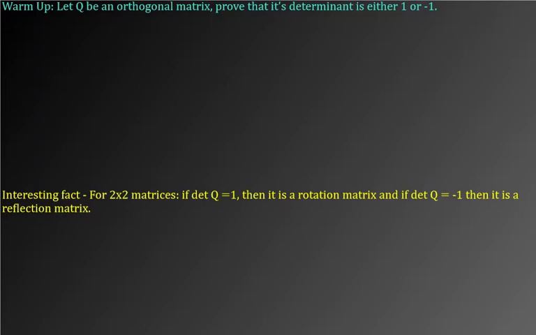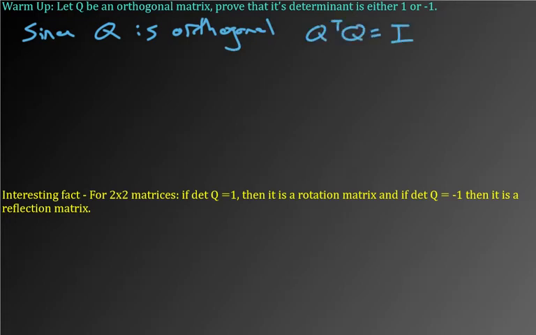So to do this, all we have right now is just Q is orthogonal, and we're going to prove this. Our normal go-to for Q being orthogonal is that since Q is orthogonal, we know Q transpose Q is I. And we want to get the determinant somewhere into this problem, right?